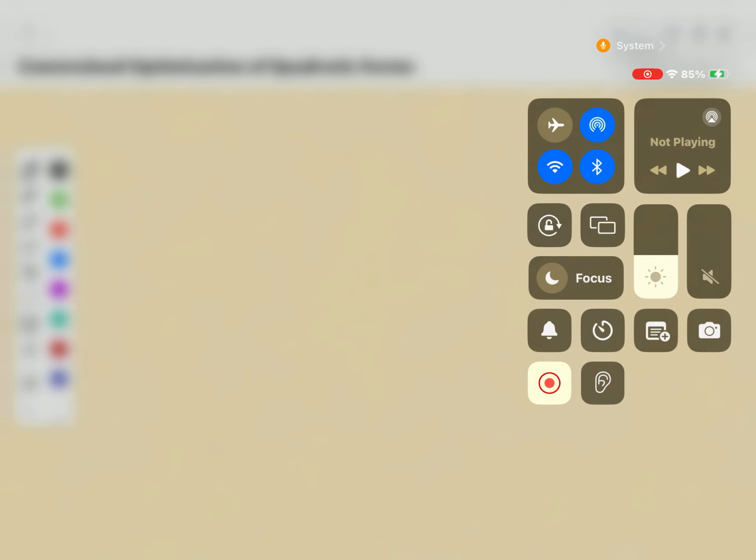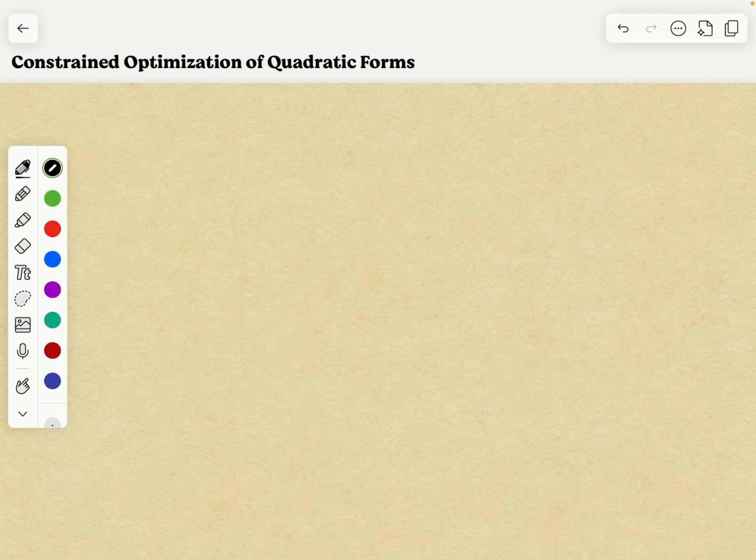So let's review what a quadratic form is.